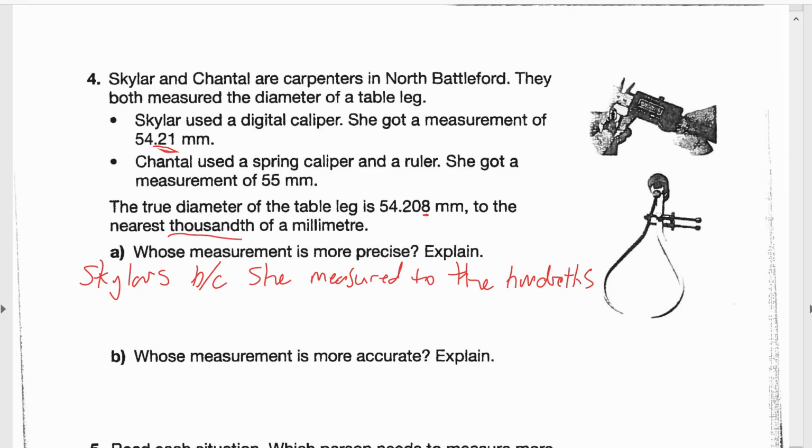Whose measurement is more accurate? Well, in this case, Schuyler's again, because it's close to the true value.